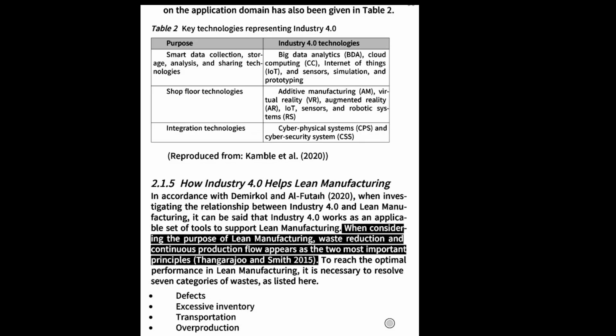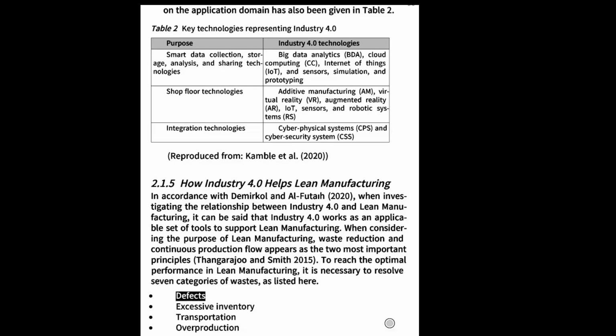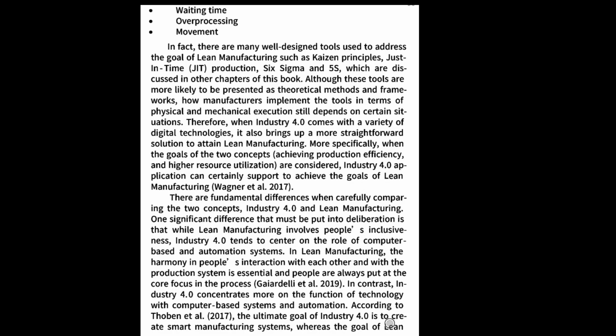When considering the purpose of lean manufacturing, waste reduction and continuous production flow appear as the two most important principles (Thangaraju and Smith, 2015). To reach the optimal performance in lean manufacturing, it is necessary to resolve 7 categories of wastes, as listed here: defect, excessive inventory, transportation, overproduction, waiting time, overprocessing, movement.